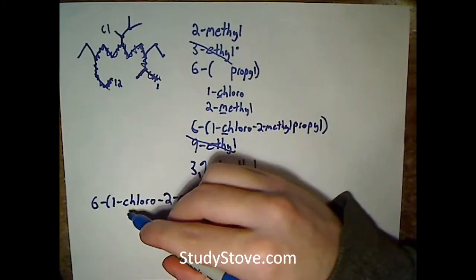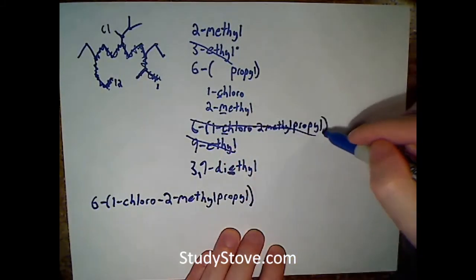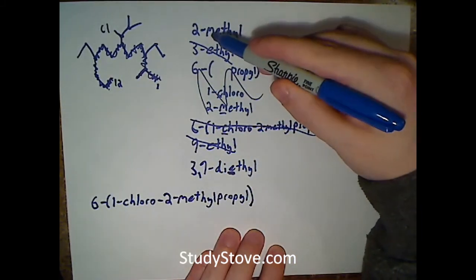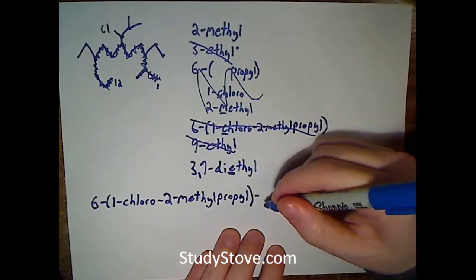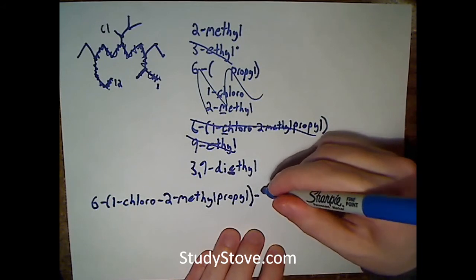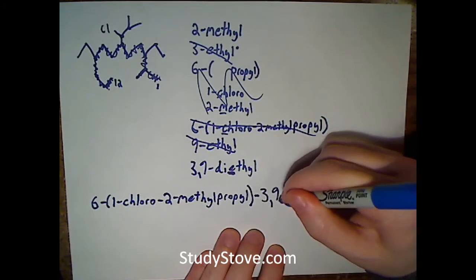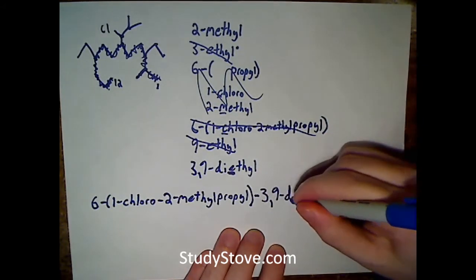Okay, so we have chloro taken care of. We also took care of that. So next up we have the diethyl. So we put in a dash to separate the different substituents. And 3,9 dash diethyl.